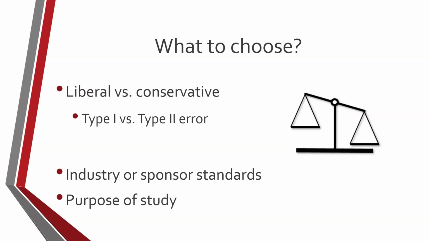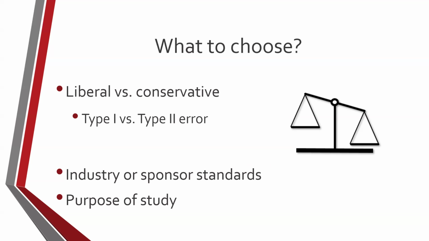The purpose of the study should also be considered. So if your trial is being used for registration, then a conservative test would be more appropriate. You don't want a false positive. You want real, great confidence that you're not mischaracterizing the differences.